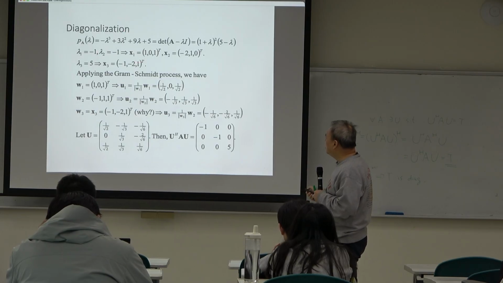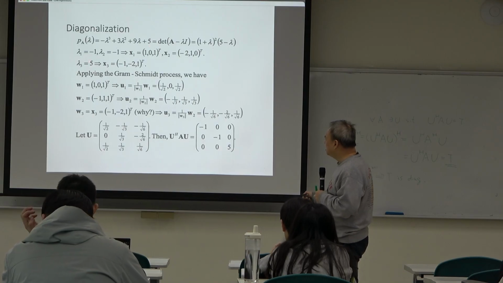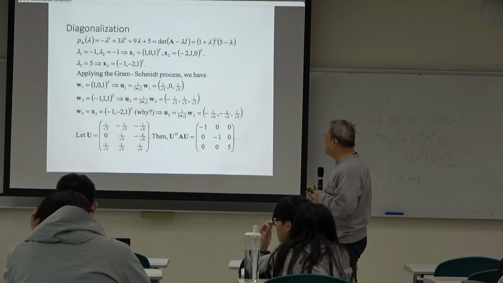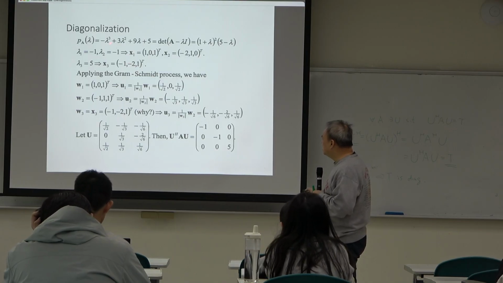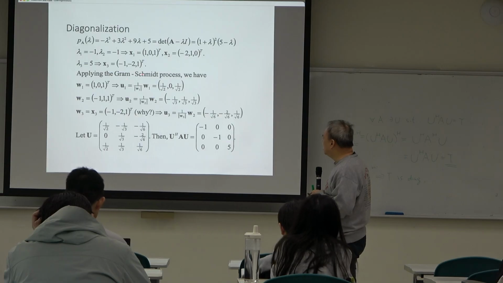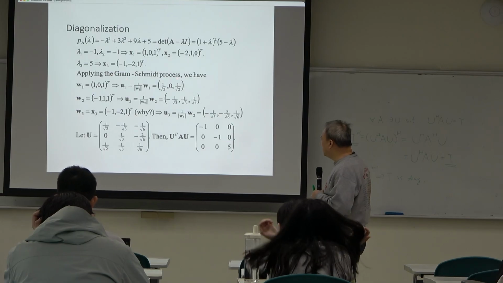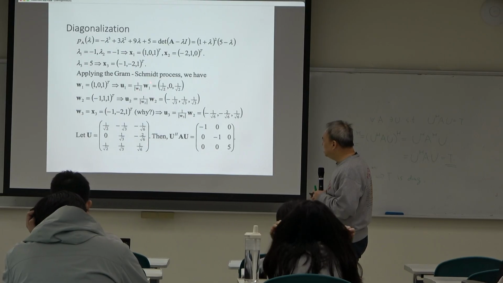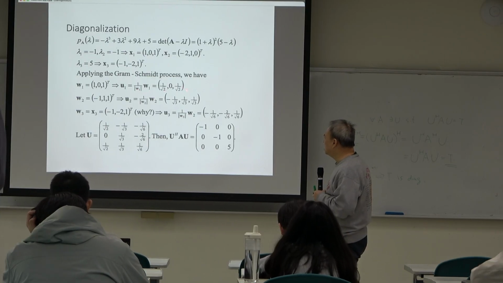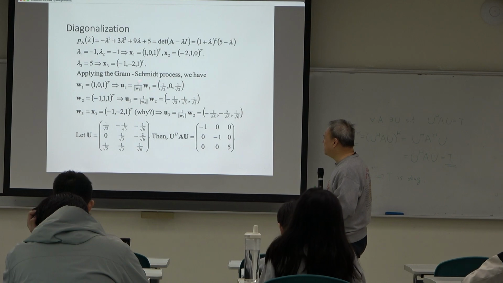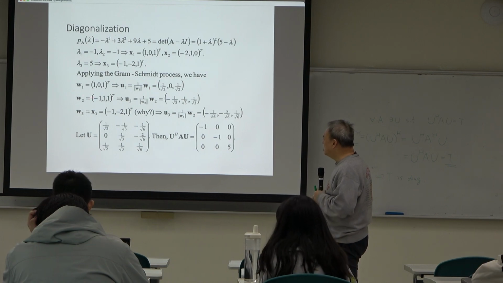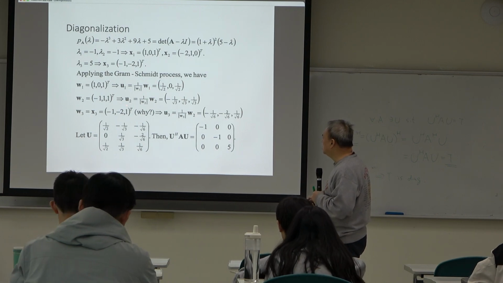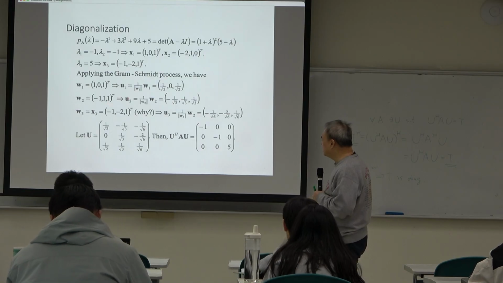For -1, there are 2 eigenvectors. For 5, there is 1 eigenvector. So you do the Gram-Schmidt process. W1 is this one: basically just divide W1 by its norm. For W2, it's this one.